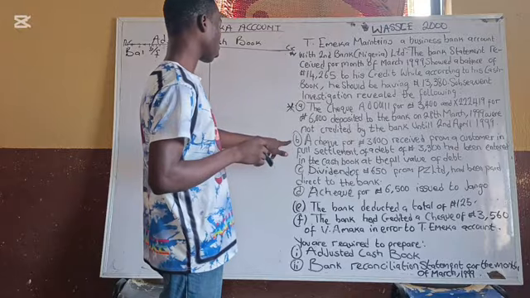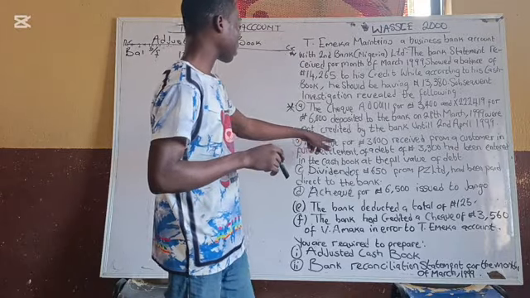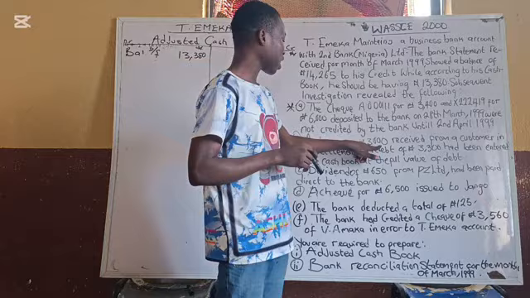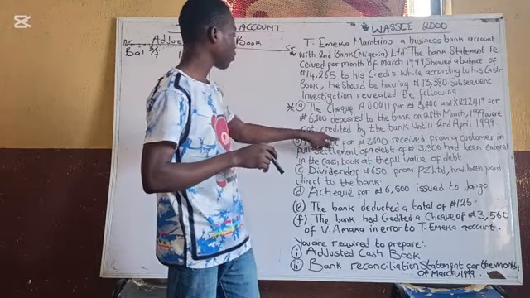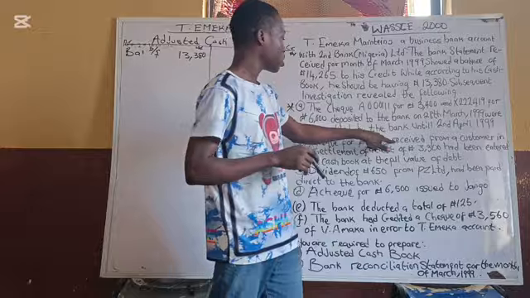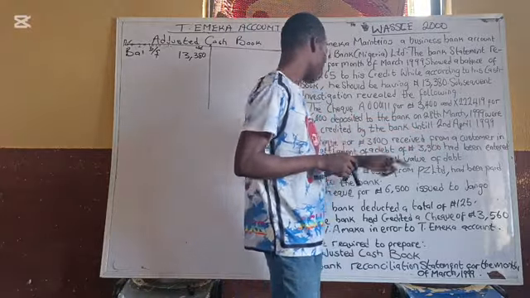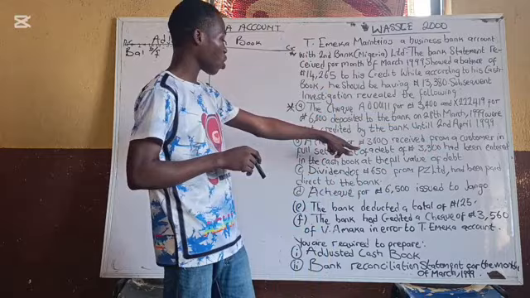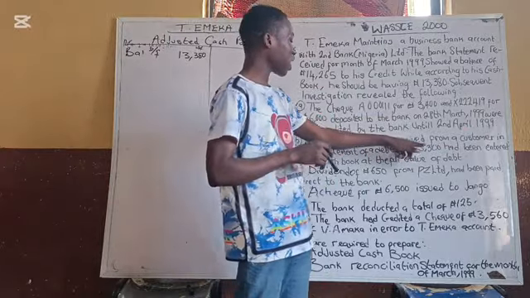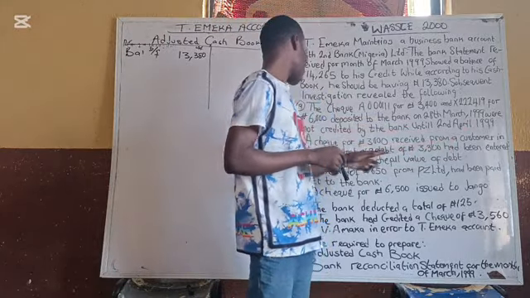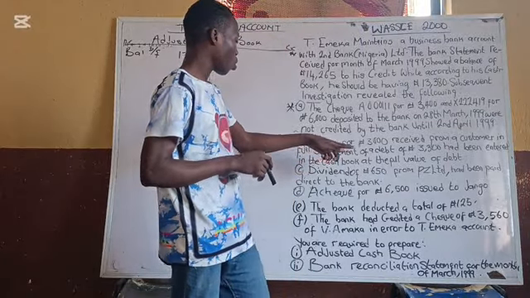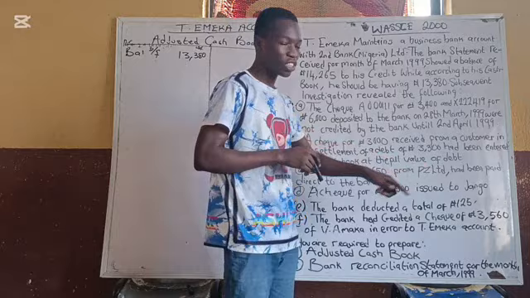Now let's look at the second question. A check for 3,000 naira received from a customer in full settlement of a debt of 3,300 has been entered in the cash book at the full value of the debt.